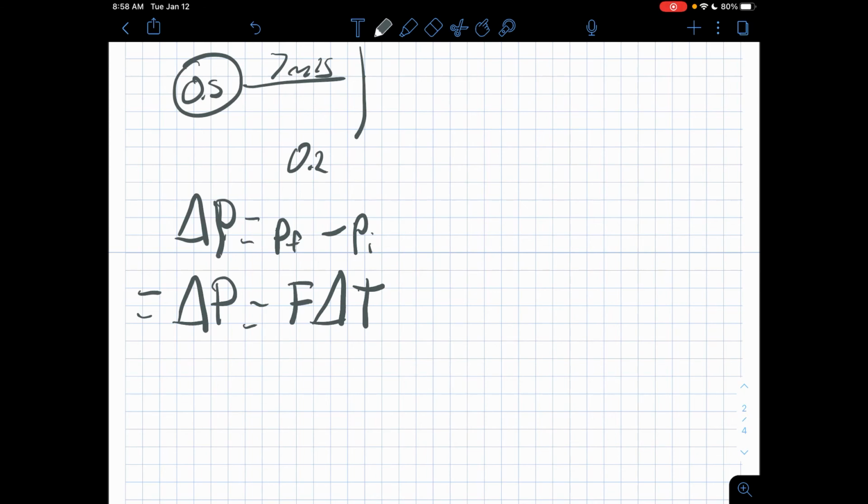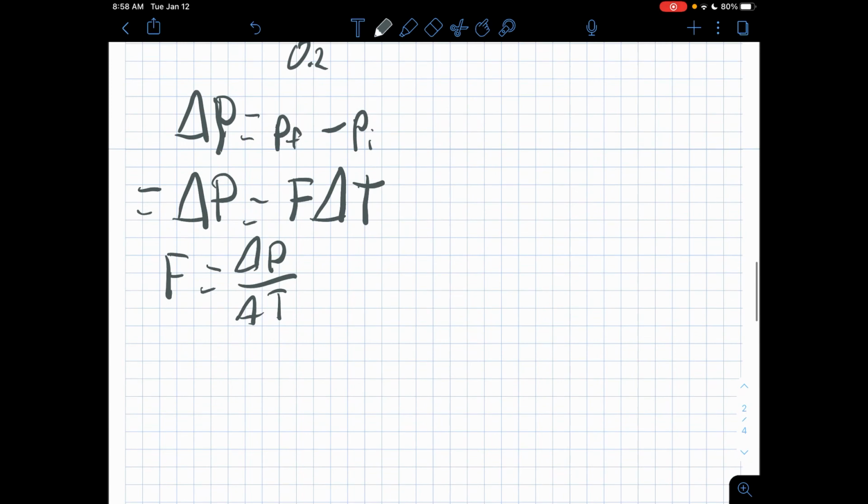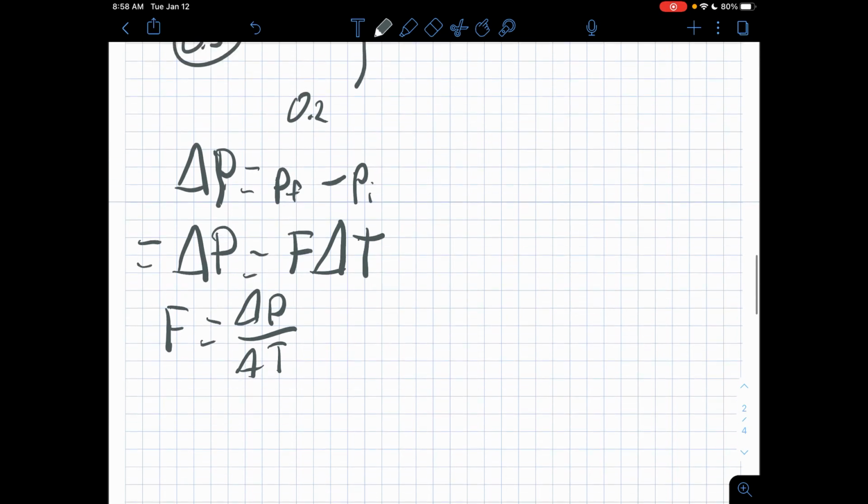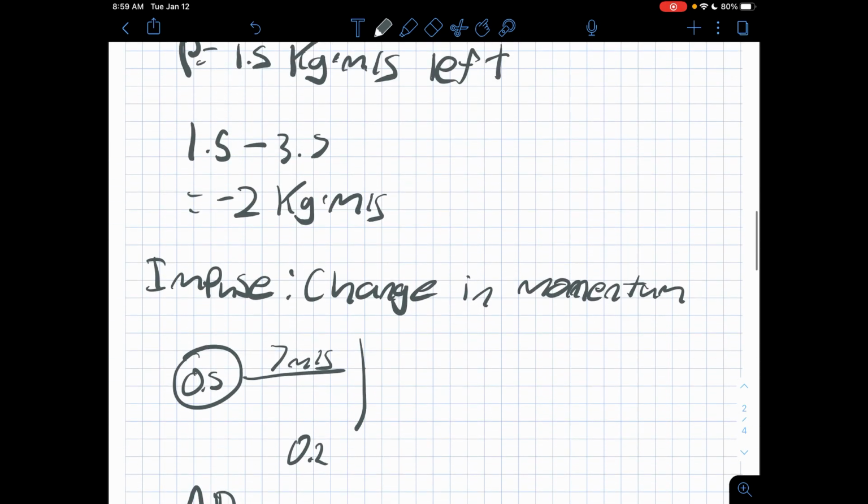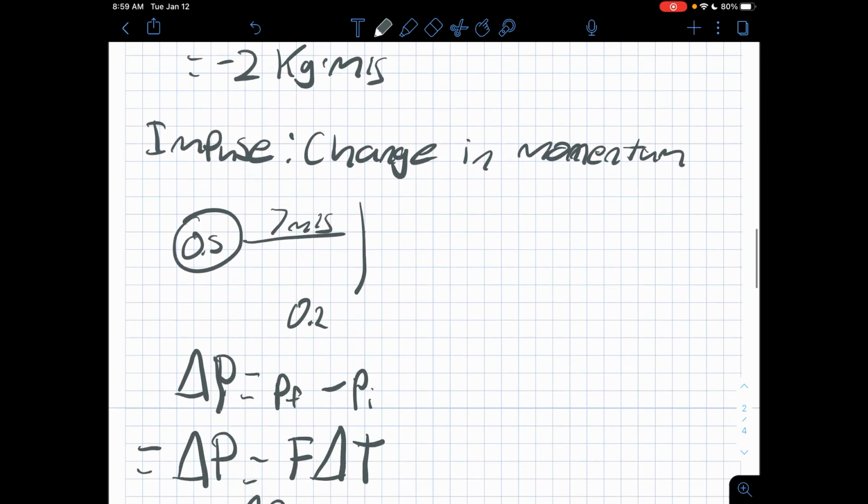You could also rearrange some of these. If you want to find the force, you can do the change in momentum over the change in time. Keep in mind that to find the force, you might need to use formulas that you learned before, such as F equals ma. Same thing if you want to find the velocity. If it doesn't give you the velocity, you might need to use other formulas.